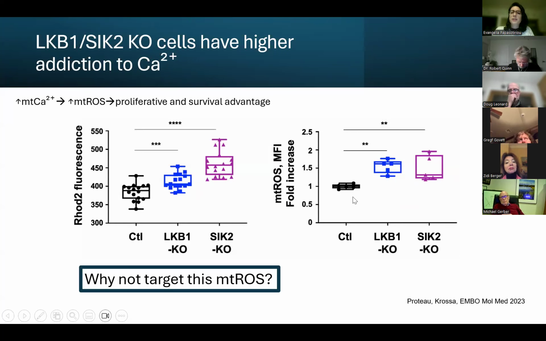And the same happens with LKB1 or SIK2 knockout for the mitochondrial ROS. So they thought, okay, instead of targeting these molecules, why not target the mitochondrial ROS?